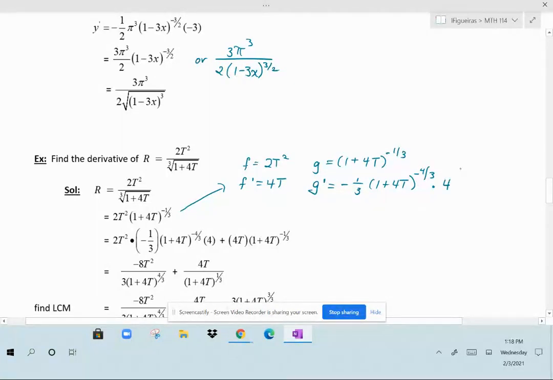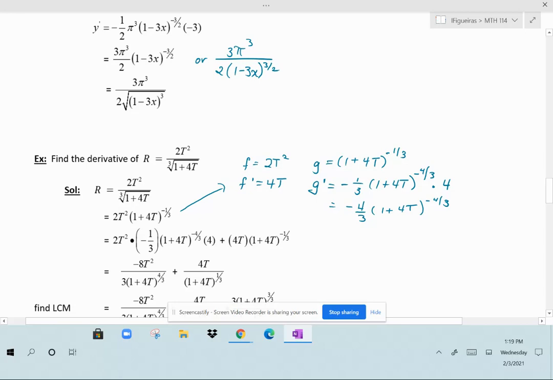So I applied chain rule to this part. So we know this will give us negative 4/3, 1 plus 4t to the negative 4/3.